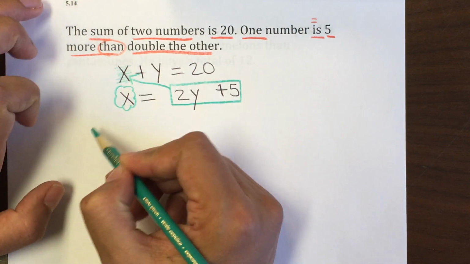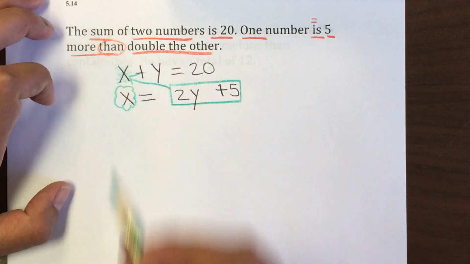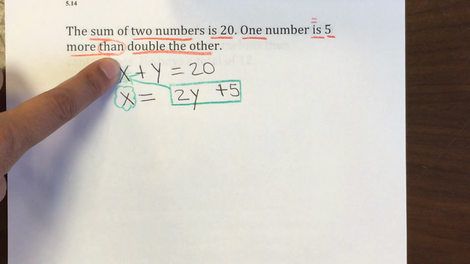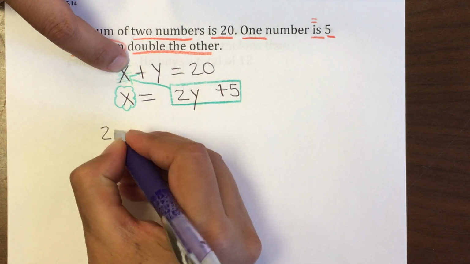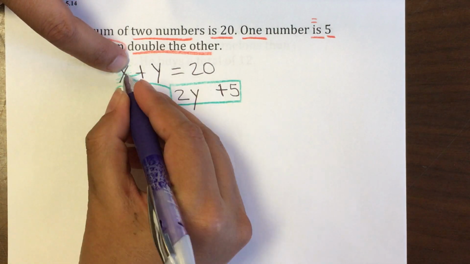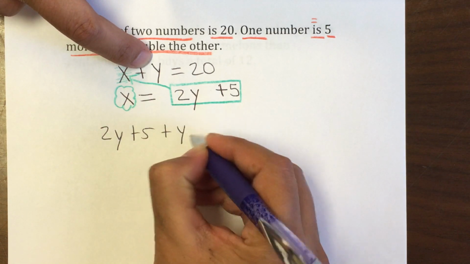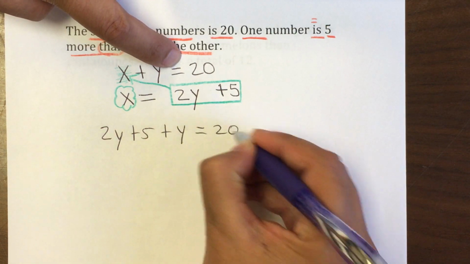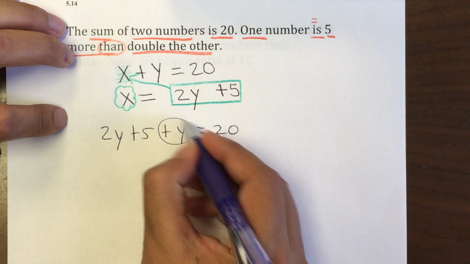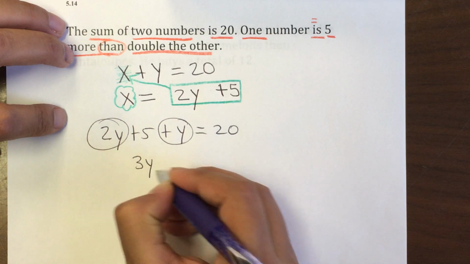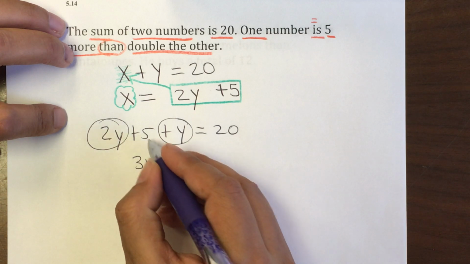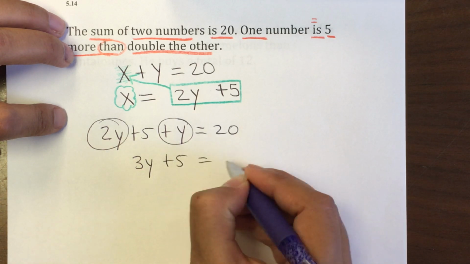It's like taking out the $20 bill and putting the 2 tens, okay? So, instead of x, it's going to be 2y plus 5 plus y equals 20. We combine like terms. 2y plus y is 3y. And then plus 5 is equal to 20.